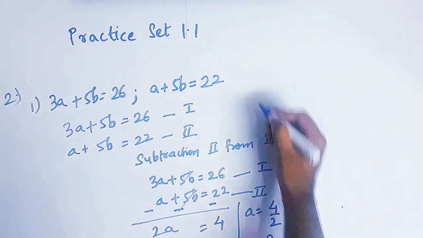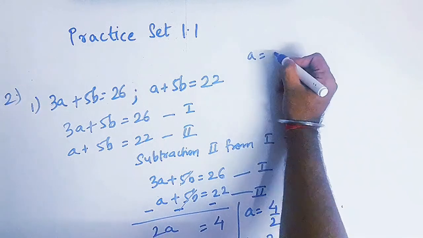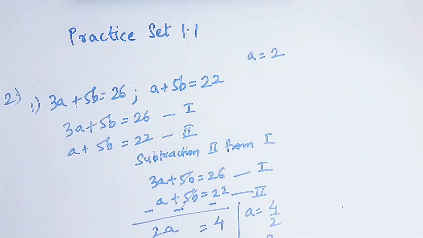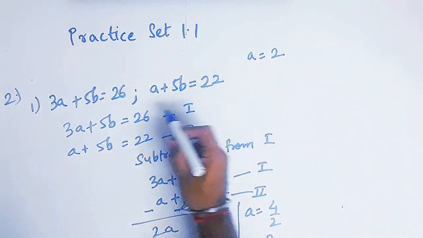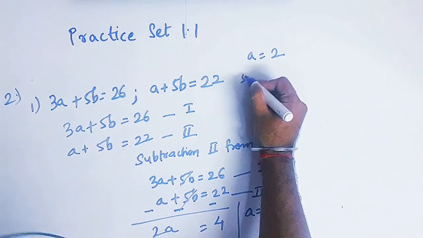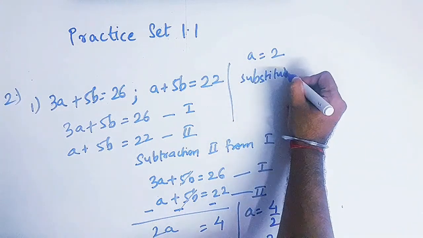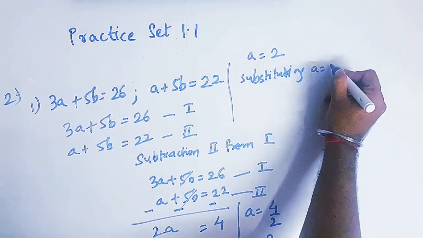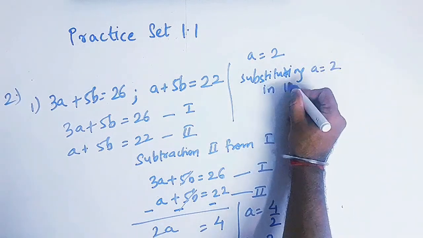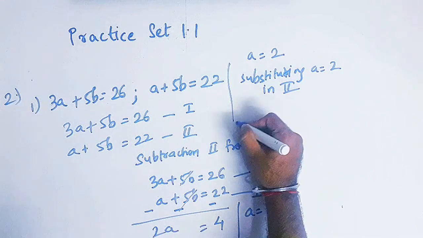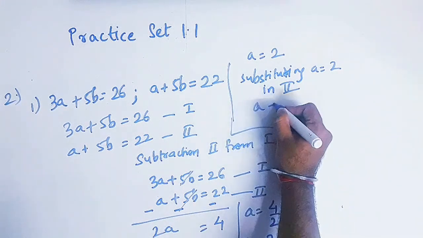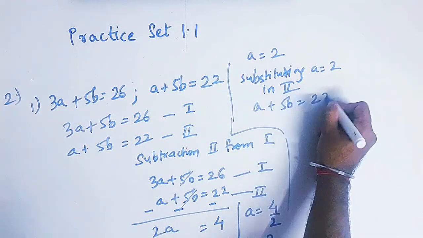Now as we got a equals 2, we'll substitute this in any of the equations. Substituting a equals 2 in the second equation, I'll write a plus 5b equals 22.